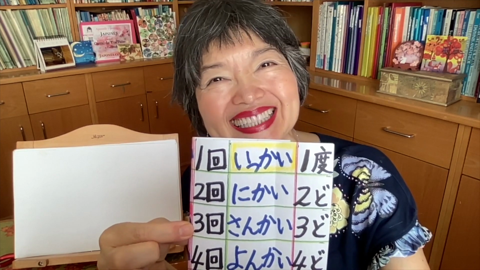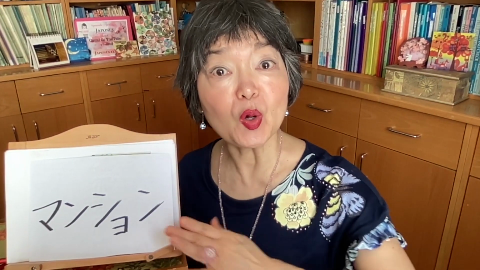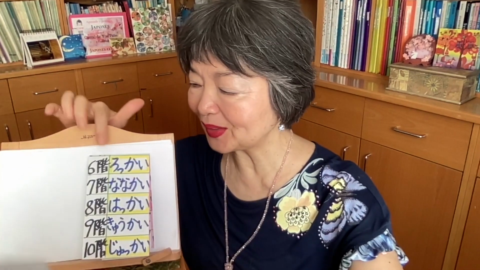So it's different. 私の家はこのマンションの6階にあります。 The teacher's house is very big, but it's far from the station.